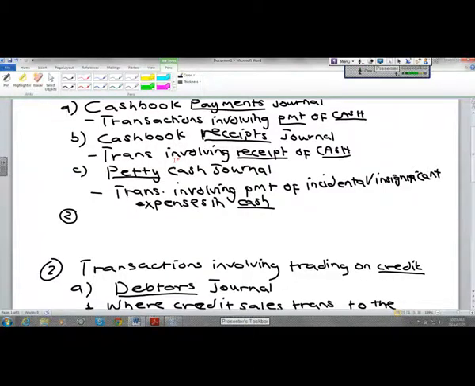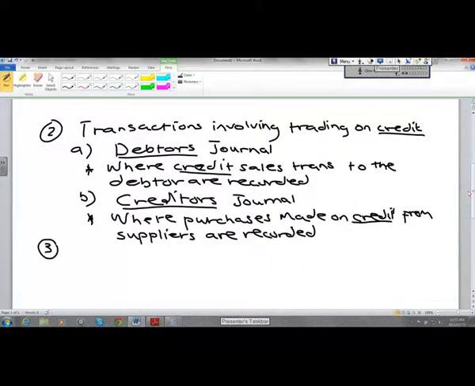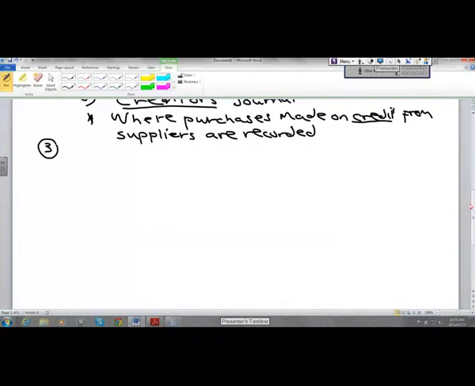Okay, so let's just go to the third category. So that brings us to the third category.